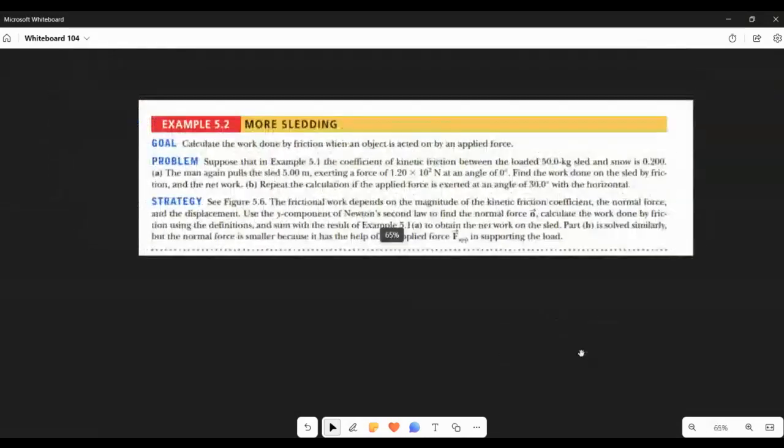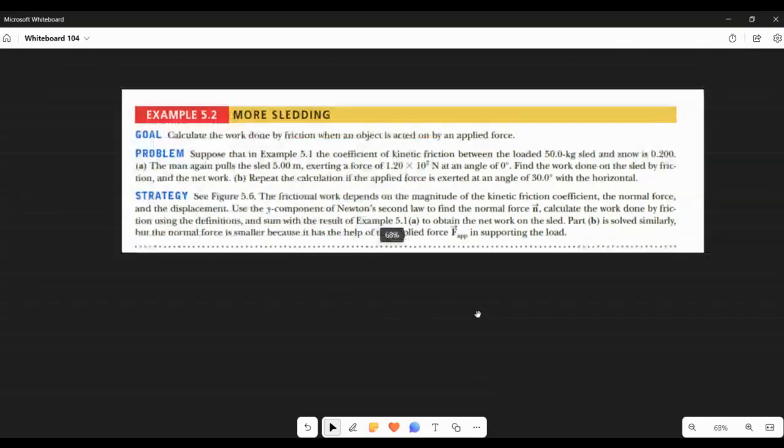Same question. The question states, calculate the work done by friction when an object is acted on by an applied force. So suppose that in example 5.1, the coefficient of kinetic friction between the loaded 50 kilogram sled and snow is 0.2.